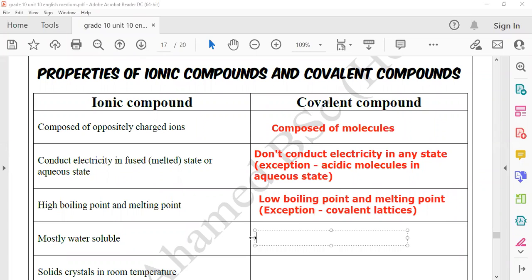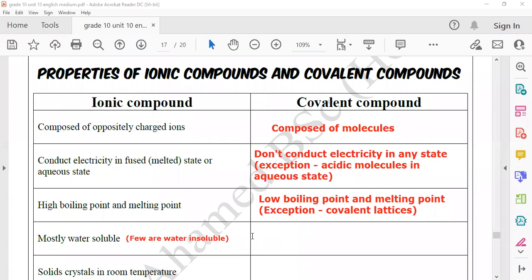Water solubility. In ionic compounds, you are told mostly water soluble. That means few are water insoluble. Understood? Mostly water soluble means all are not water soluble. Some don't dissolve.